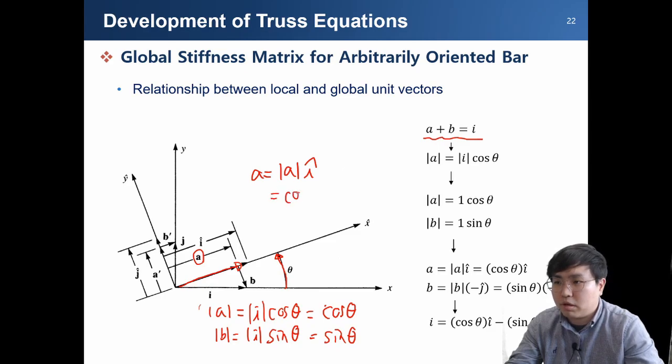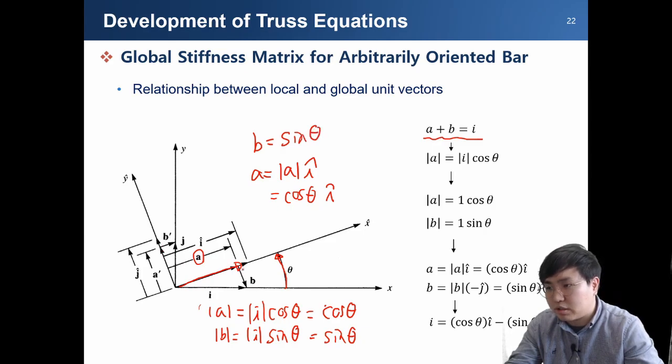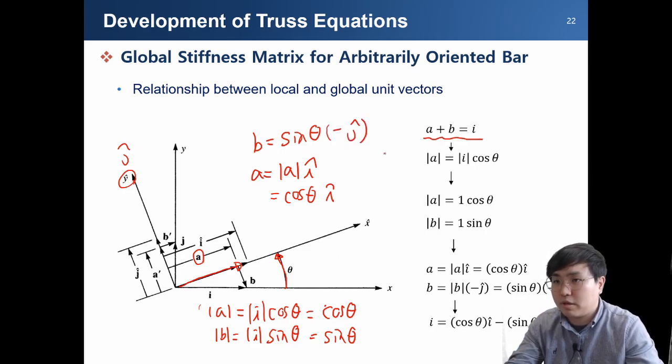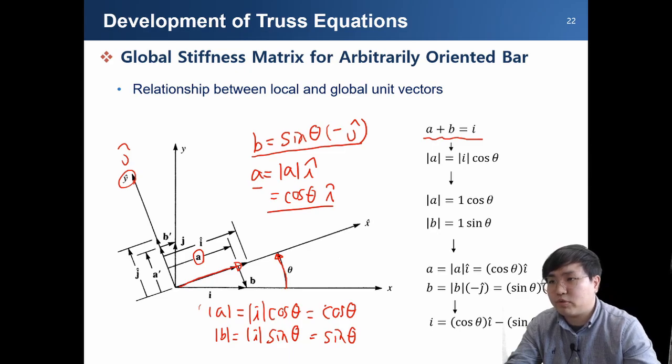We already know the magnitude of vector A, so it looks like this. For vector B, we also know the magnitude, and this direction is opposite to the unit vector j hat, so we should add minus j hat. These vectors A and B are expressed in their transformed coordinate system.